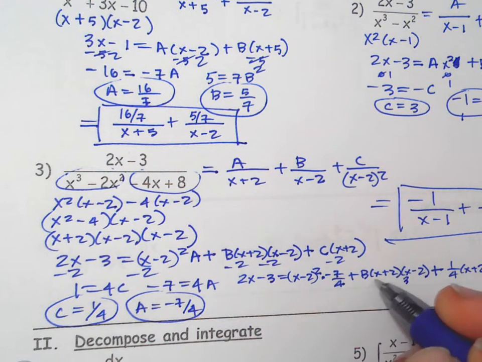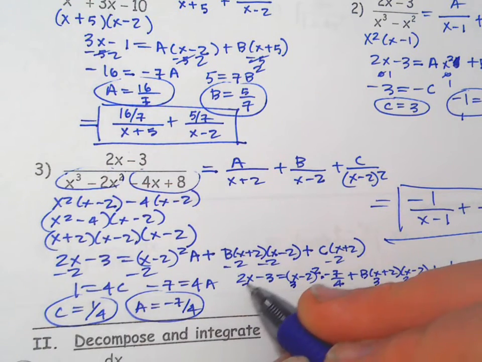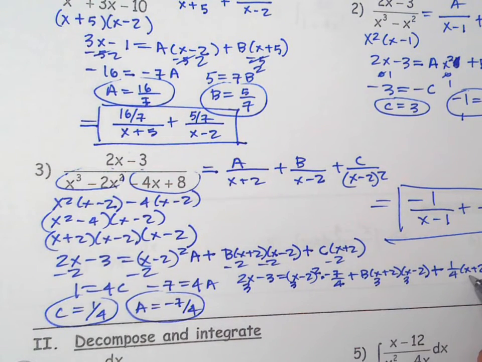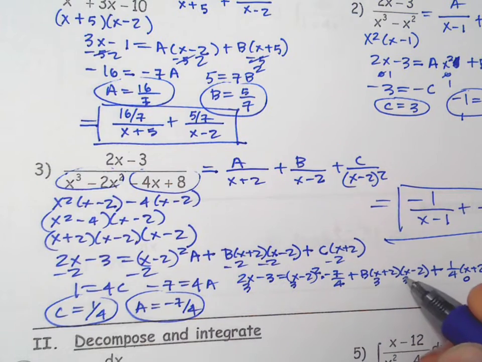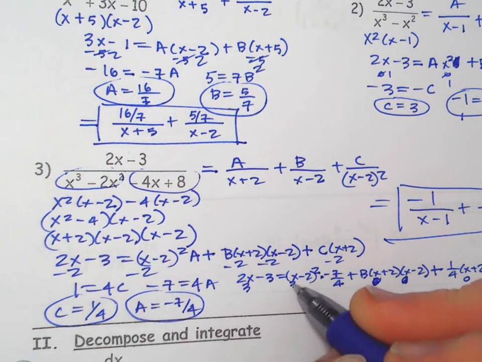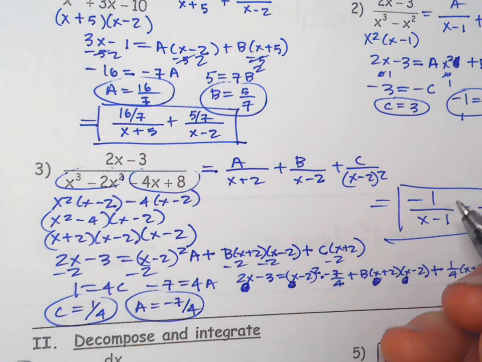Maybe we could have picked something else that would have canceled all the fractions. We can't plug 2 in. Let's plug 0 in instead, because I want the fractions to go away, and 0 is pretty convenient anyway.